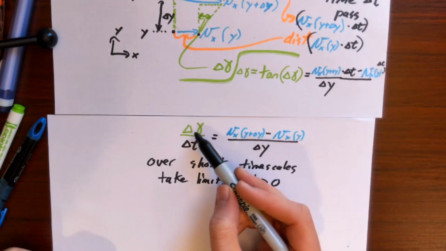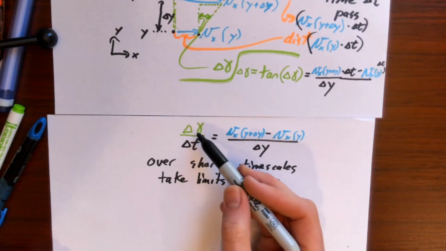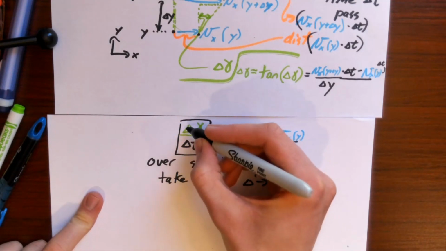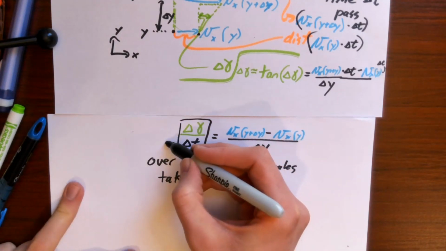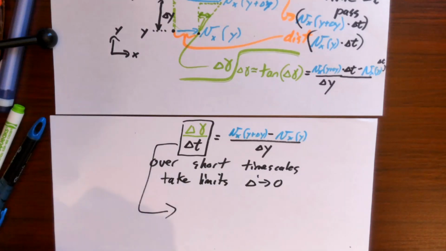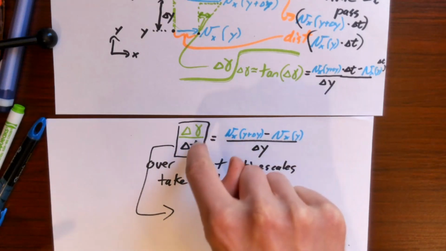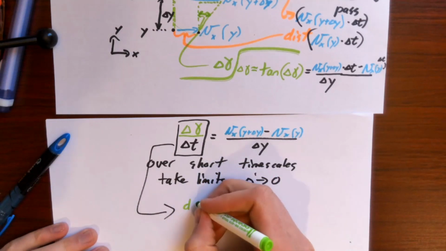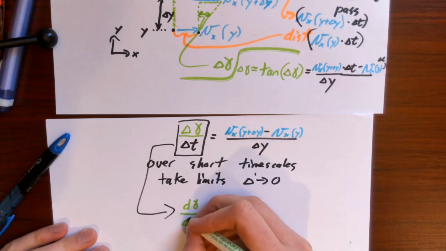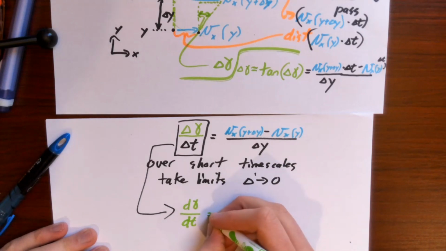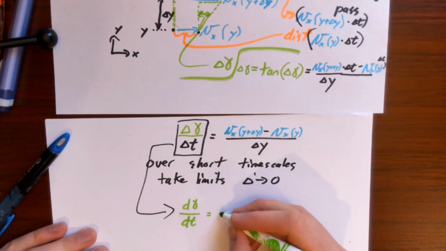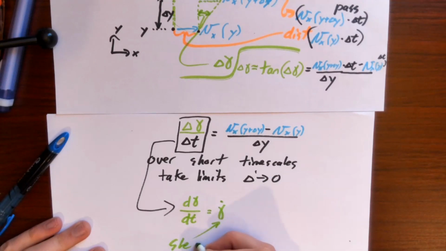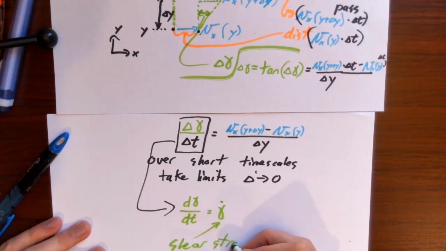And if we take limits as deltas go to 0, delta gamma over delta t, this finite difference, essentially becomes a derivative. It's a derivative of gamma with respect to time. So this left-hand side becomes d gamma dt. And hey, wait a second, d gamma dt we just said was gamma dot. And this is our shear strain rate.